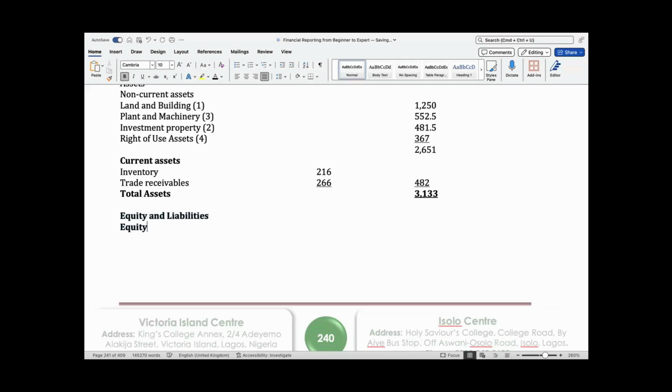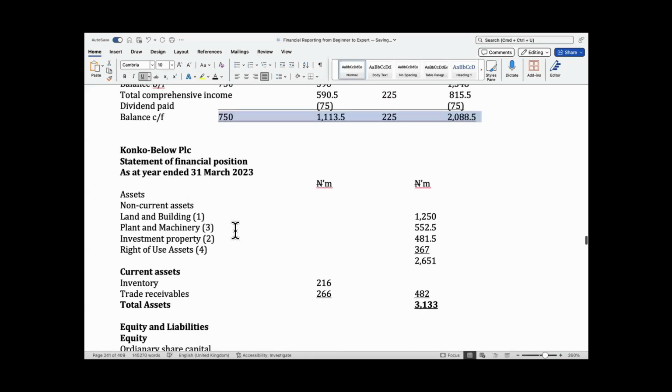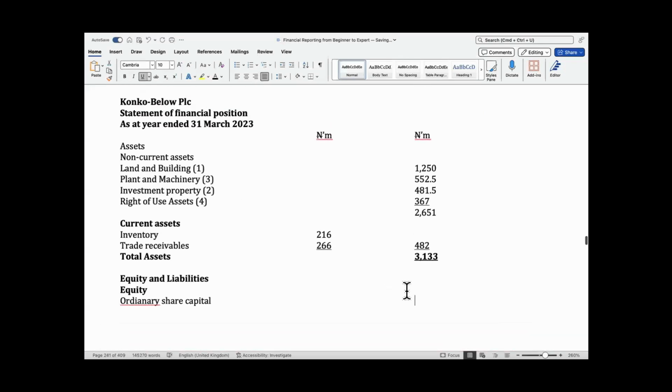First, I will deal with my equity, which starts with my ordinary share capital. So I just go to my equity section and pick those figures from there. So 750. Retained earnings.